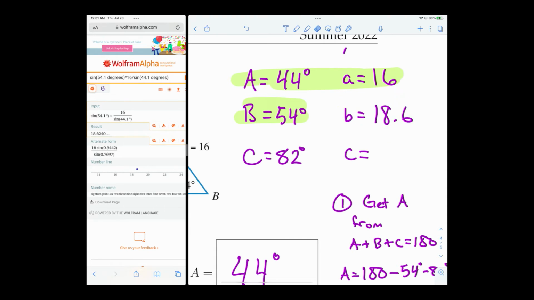If I have a choice, I would rather use the A and the C because the A came from the problem. So this is right. This could be wrong if I did a bad job. Does that make sense? So if I have a choice between using A and C or B and C, I'll choose A and C.